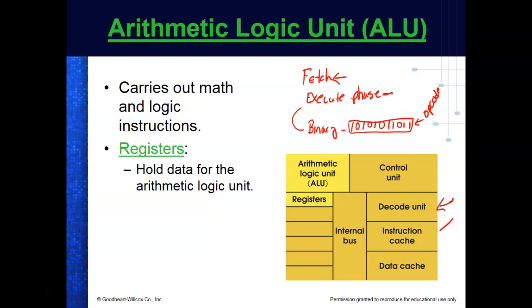Then it switches into the execute phase, and it does whatever the opcode told it to do. And then when it gets through with that, it switches back into the what? Fetch phase. When it's in the fetch phase, it's looking for opcodes. When it's in the execute phase, it's doing what the opcode told it to do. And this is the way a processor works.